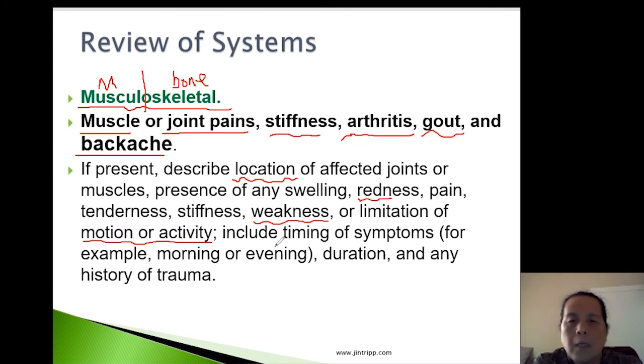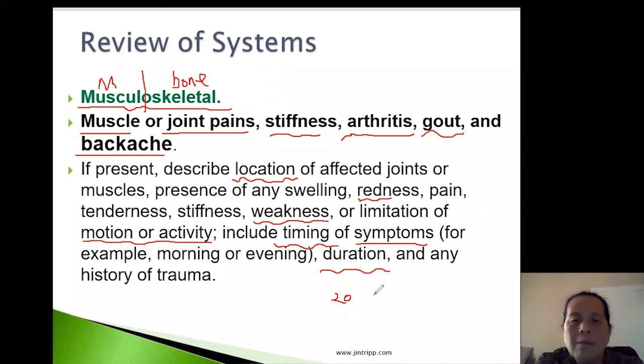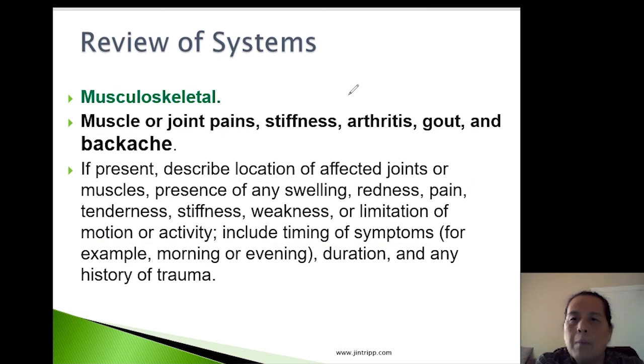We also ask about the timing of the symptoms, like in the morning, afternoon or evening, and the duration, like each time it's painful for 20 minutes or maybe 5 minutes, and how severe the pain is, if it needs medication or a painkiller can relieve it, or it relieves by itself, and if the patient had some trauma before. So those are some questions relating to the musculoskeletal system.